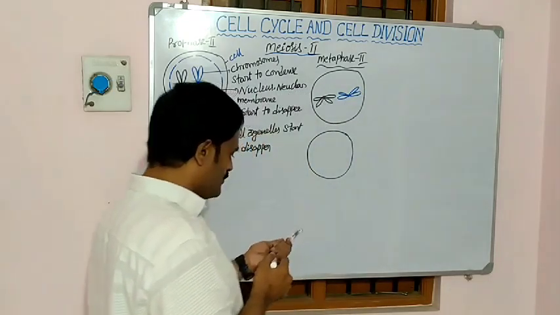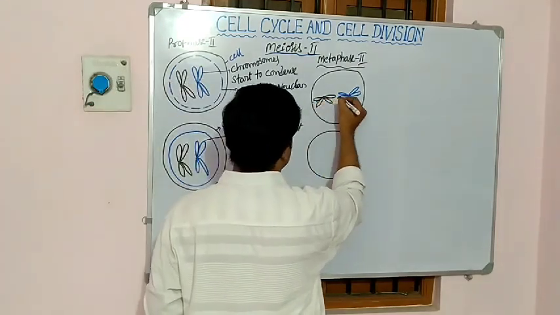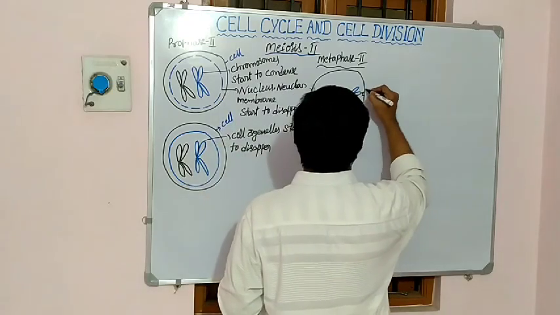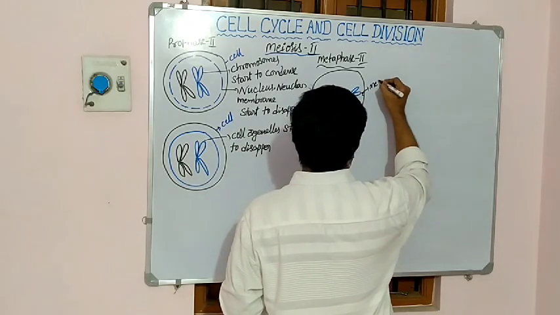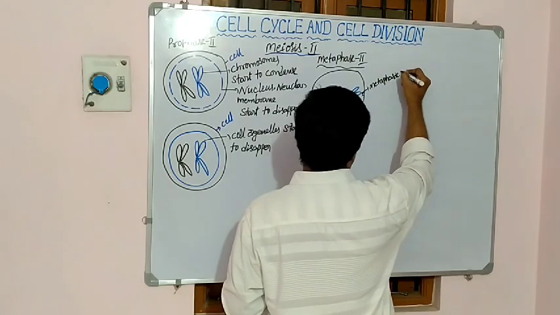So the chromosomes reach the center of the cell like this. So they form the metaphasic plate. Metaphasic plate.